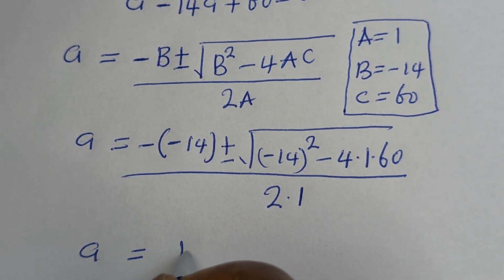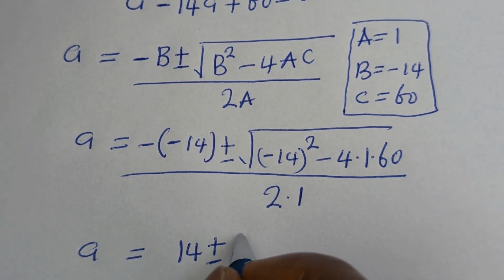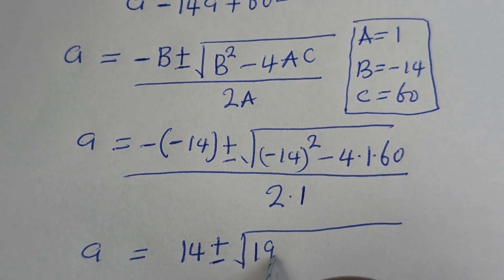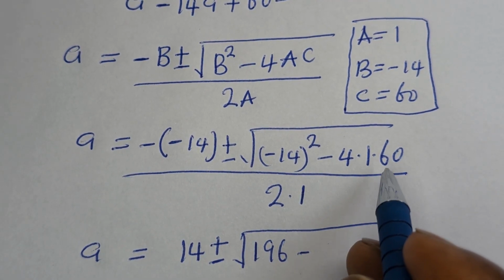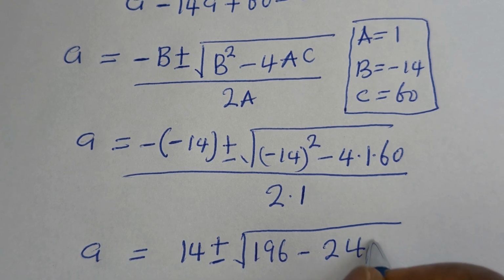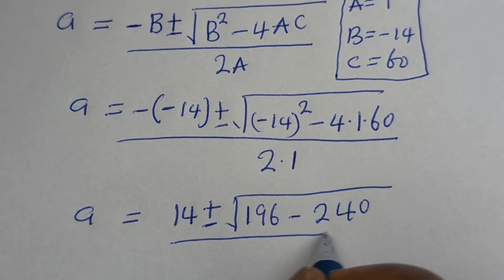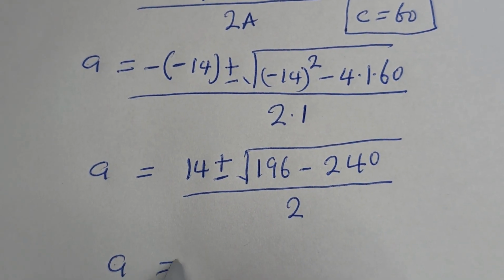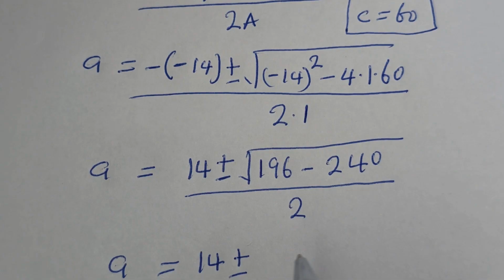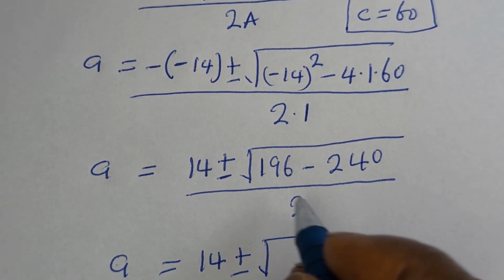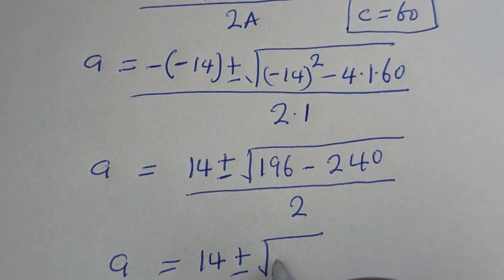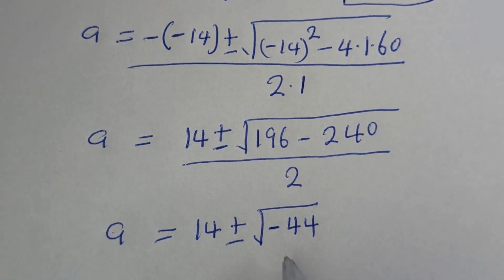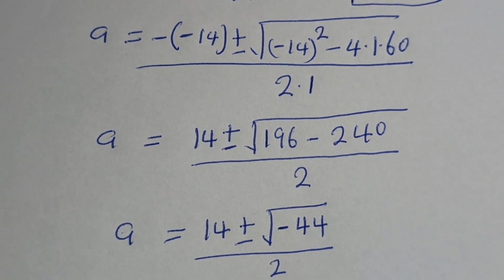A is equal to 14 plus or minus square root of minus 14 square, that is 196, minus 4 multiplied by 1 multiplied by 60, that is 240, over 2 multiplied by 1, 2. A is equal to 14 plus or minus square root of 196 minus 240, that is minus 44, then over 2.